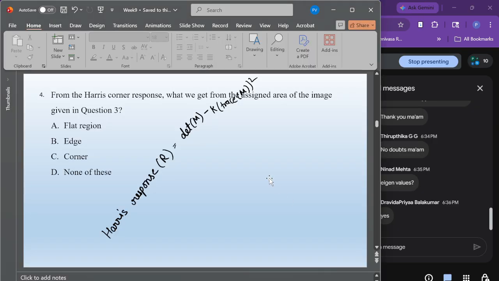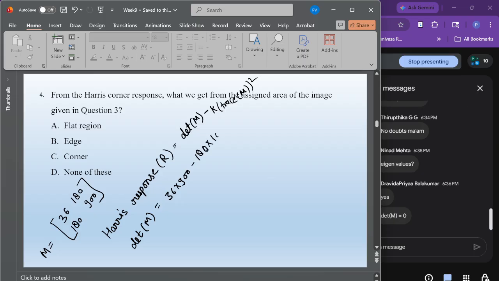Now we need to calculate the determinant and the trace of the calculated Harris matrix. Our Harris matrix that we calculated previously is 36, 180, 180 and 900, right? First we need to calculate the determinant: multiply 36 by 900, minus 180 into 180.